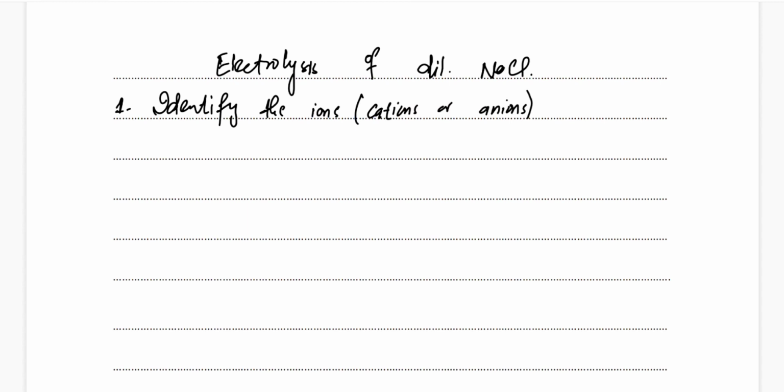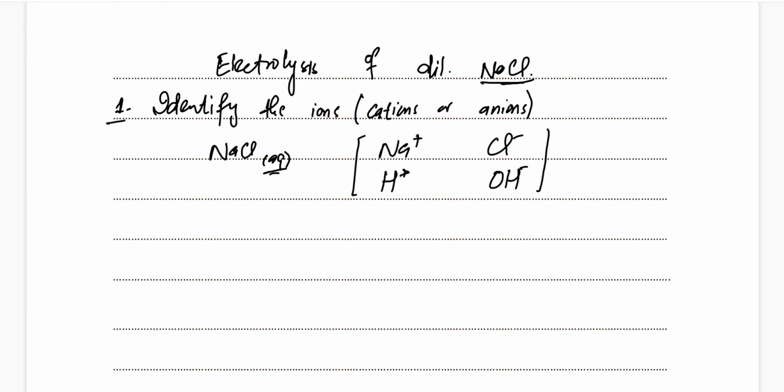You have to identify them. For example, in case of dilute NaCl, you have NaCl aqueous. It is dilute, so you know that it has Na+ and Cl-, and H+ because it is aqueous, and OH-. Is it clear? So you have identified. This is the first step you always have to do, and I have given you an example.